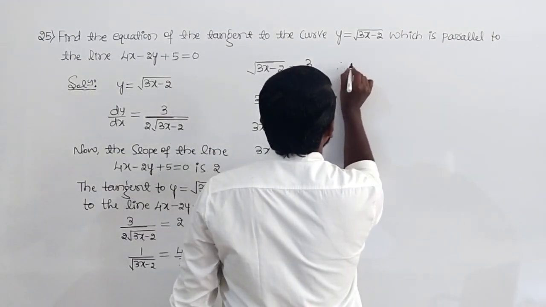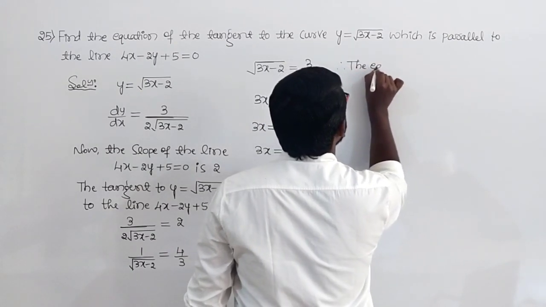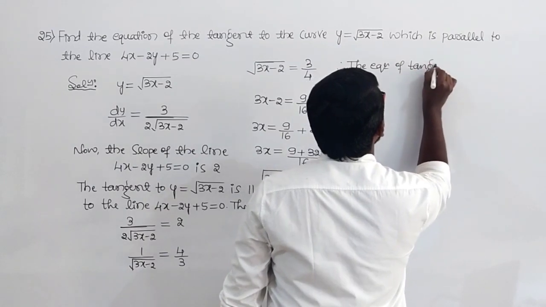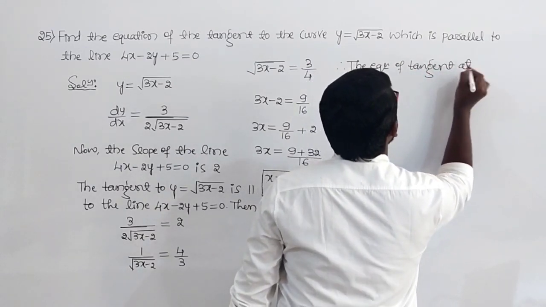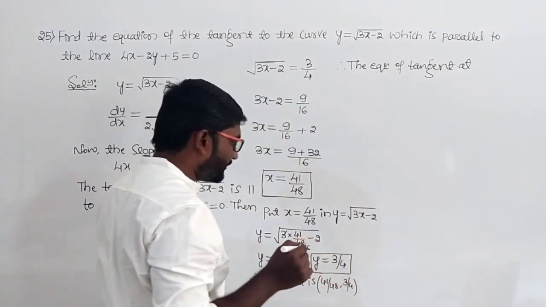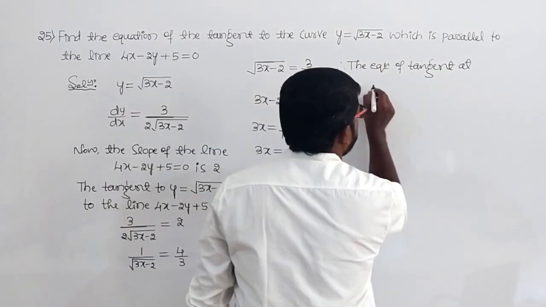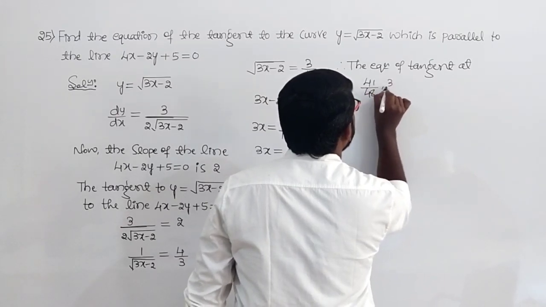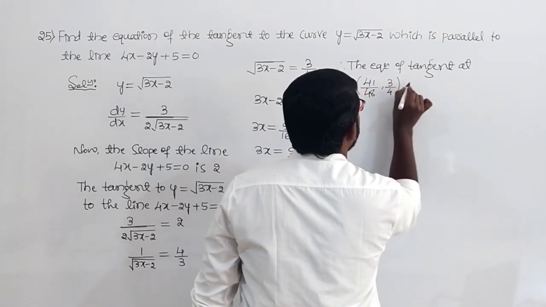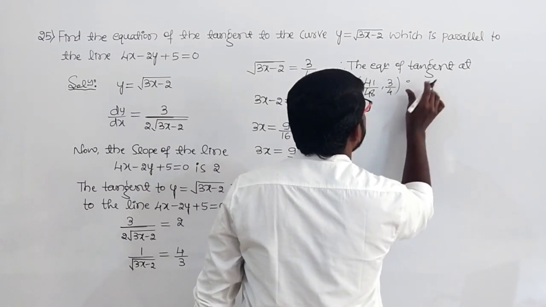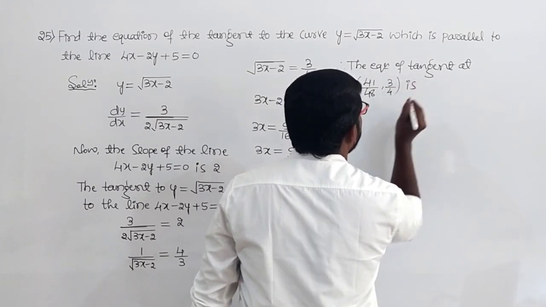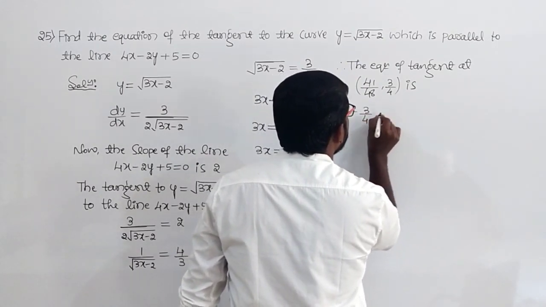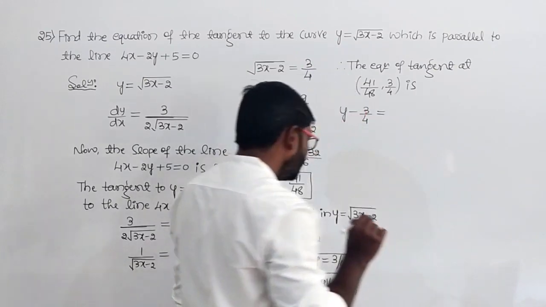Therefore the equation of the tangent at 41 by 48 comma 3 by 4 is y minus y naught, that is 3 by 4, equals slope.